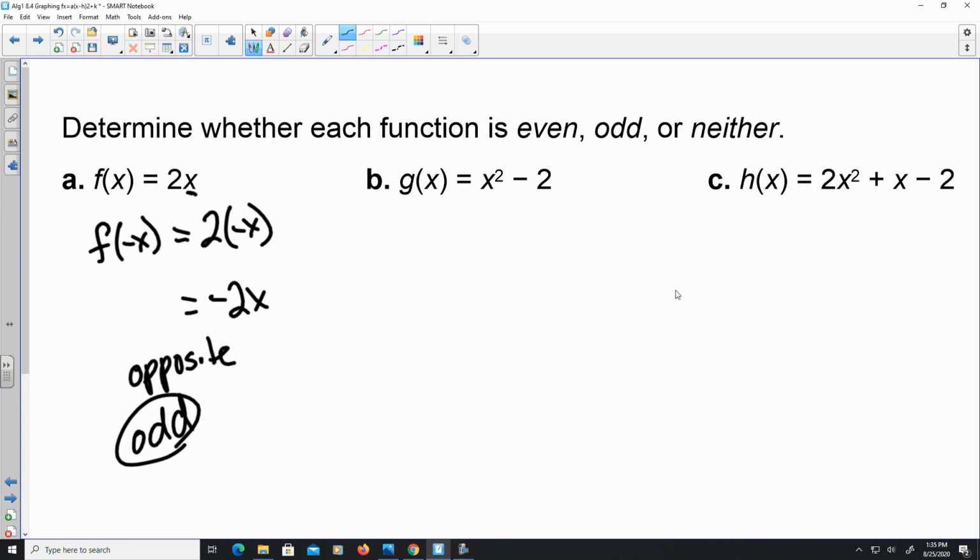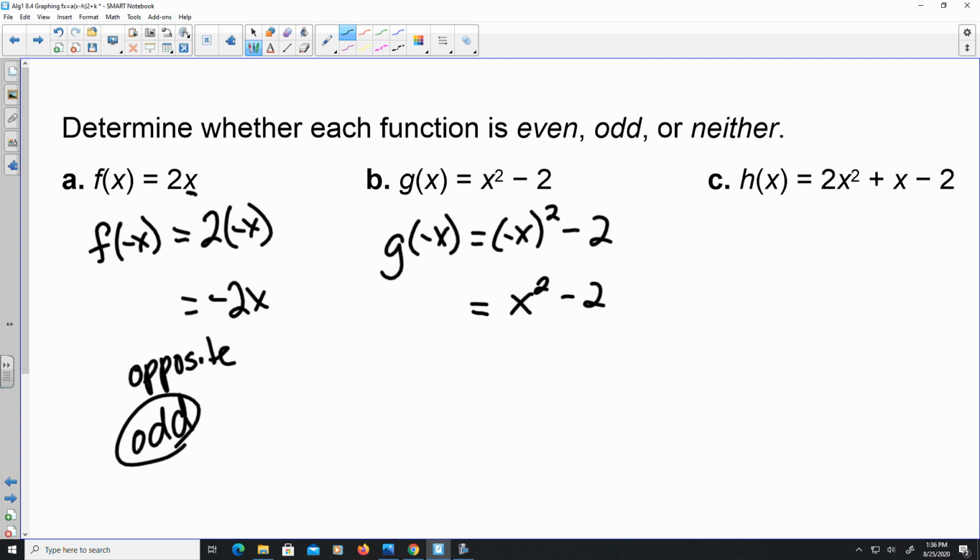Now if we look at example B, it's g of x equals x squared minus 2. So we're going to take g of negative x now. This is negative x, squared, minus 2. Whatever value you place in for x, whether it's 1, 2, negative 1, negative 2, it doesn't matter. The result, once you square it, will be positive. So this is going to be x squared minus 2.